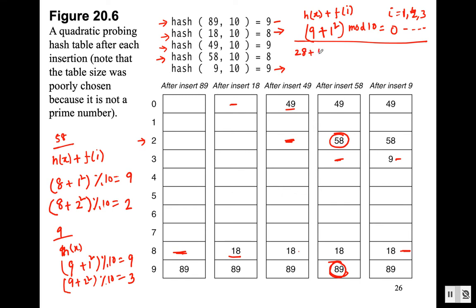Sorry, the hash value is 8 for 28. So 8 plus 1 square mod 10 gives us 9, collision. Then we try 2 square: 8 plus 4, 12 mod 10, which gives us 2. Index 2 is a collision. Then we are going to try 8 plus 3 square.